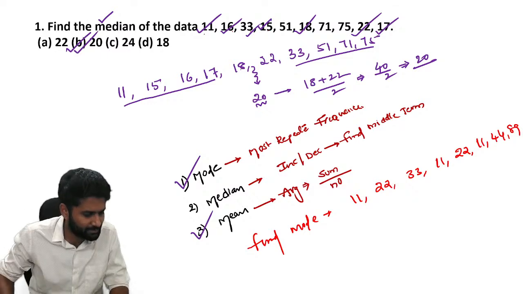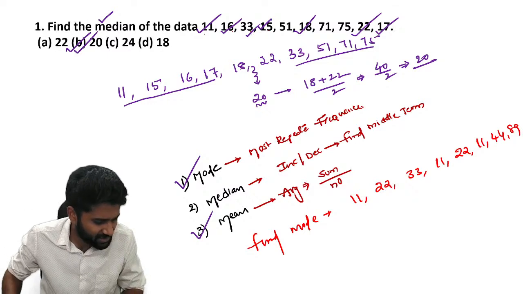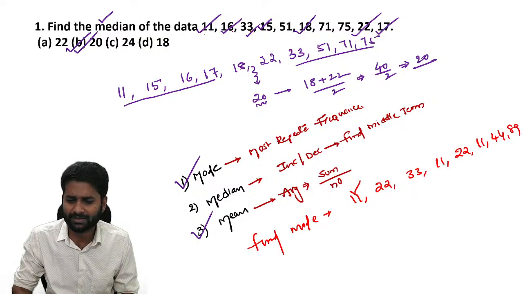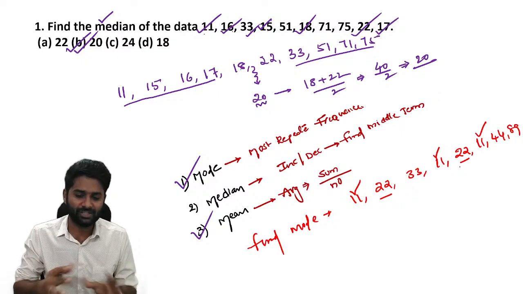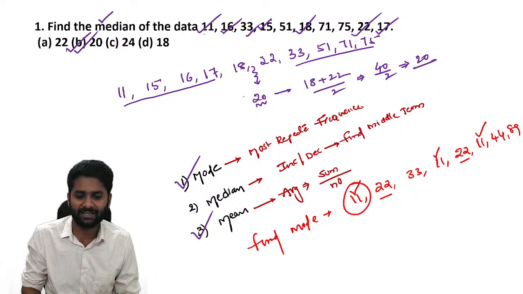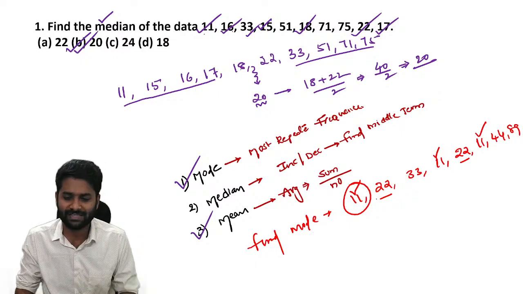Yes, Akil, Mahitili, Varshini, Anil Kumar. Good. So it's all about the most repeated frequency. You can see that 11 is repeated thrice and 22 is repeated twice. Out of these two, the most repeated one is 11. That's why the mode of the given series is 11.